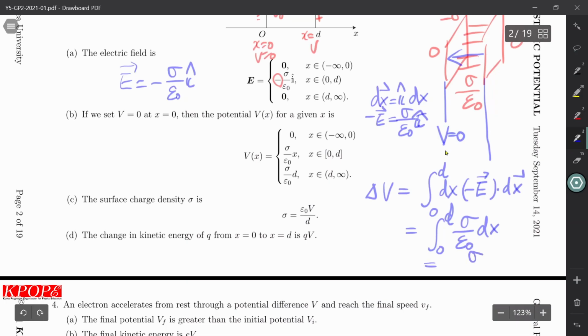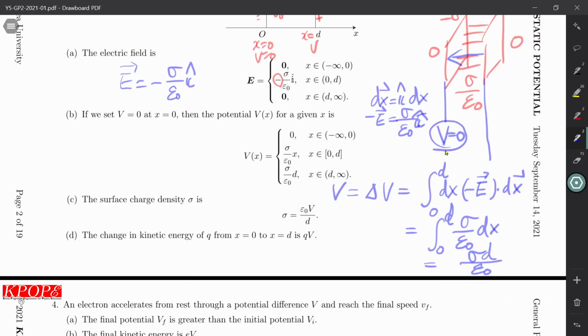So this is sigma d over epsilon 0. As a result, delta V is V because the reference point potential is 0.